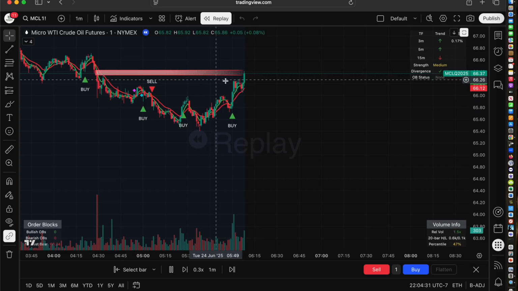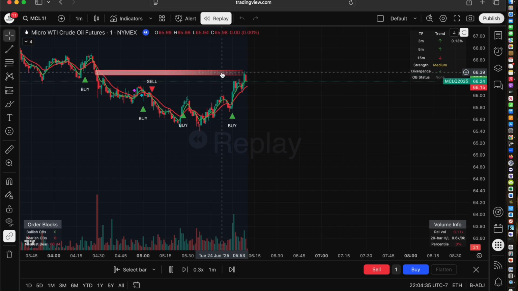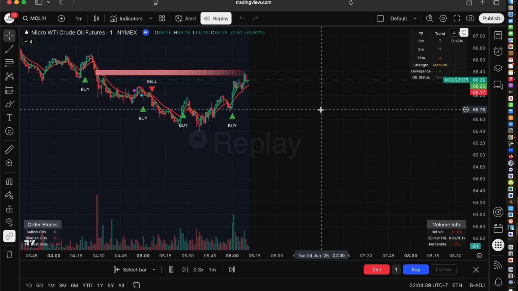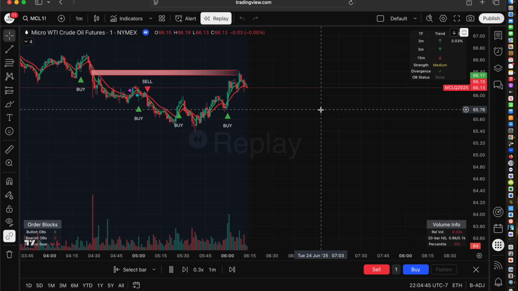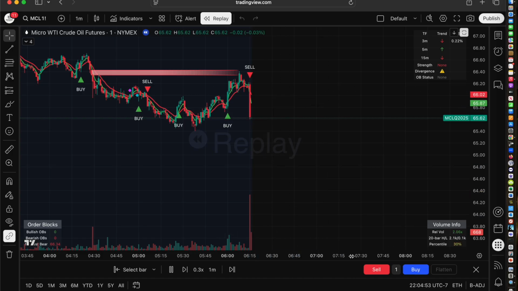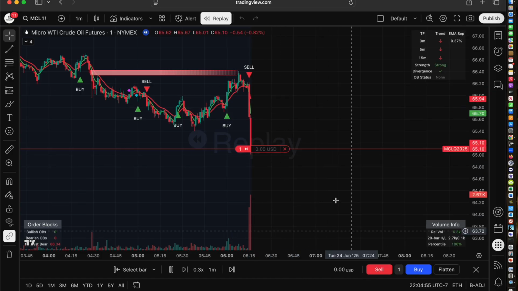So you see over here, it's acting like a dynamic resistance area. There you go, sell. Let's enter the trade.